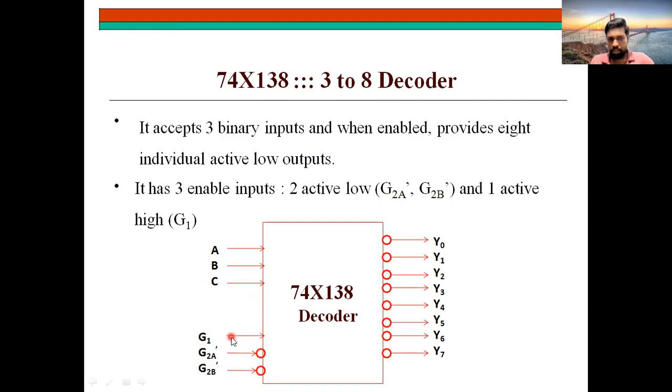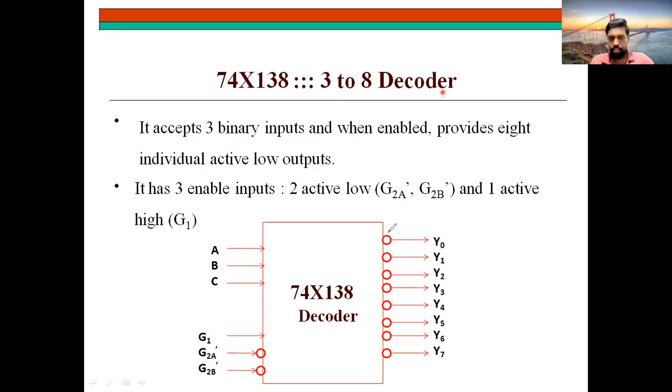Any line which is not linked with a bubble is active high. So it accepts 3 binary inputs, and when enabled provides 8 individual active low outputs. Remember this: for the 74X138 decoder, the 8 outputs y0 to y7 are active low.